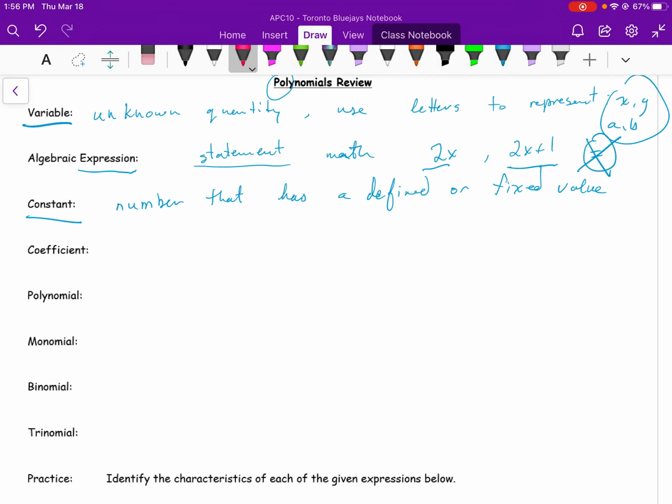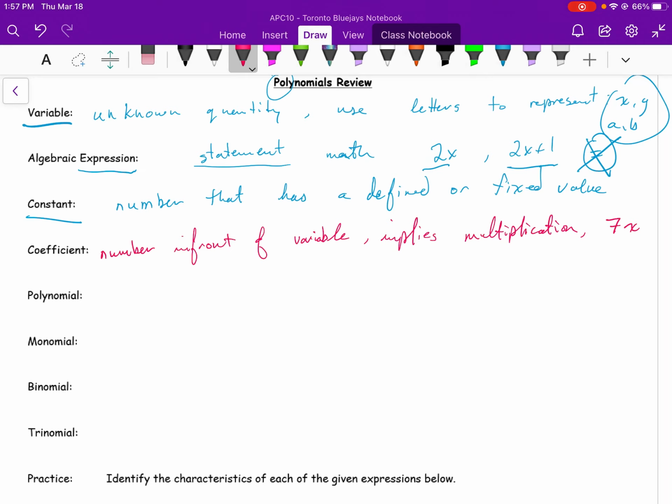The coefficient is the number in front of the variable, and it implies multiplication. For instance, 7x means 7 times x, or 7 x's. It means the same thing.